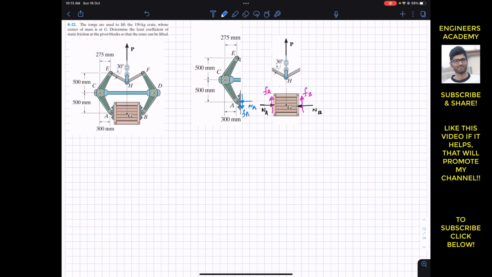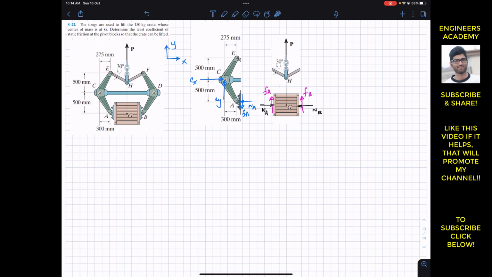And then since here we have the pin joint, we will have the support reactions. This will be our CX and this will be our CY, since we are assuming that this is our positive X and Y direction.